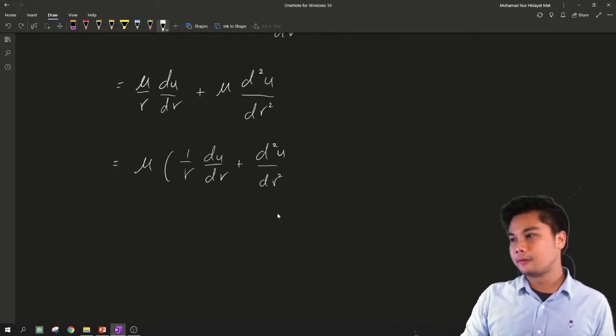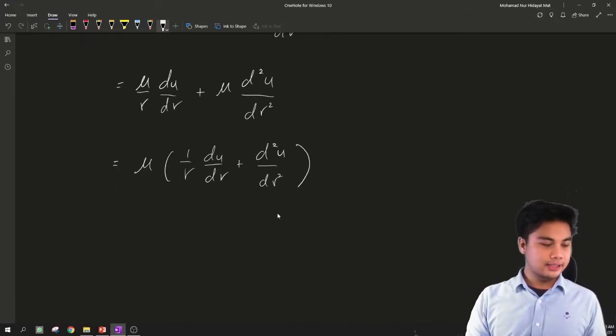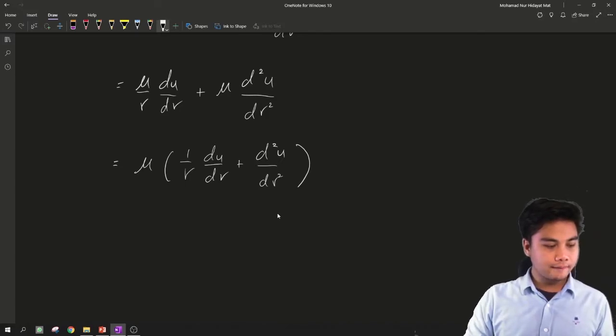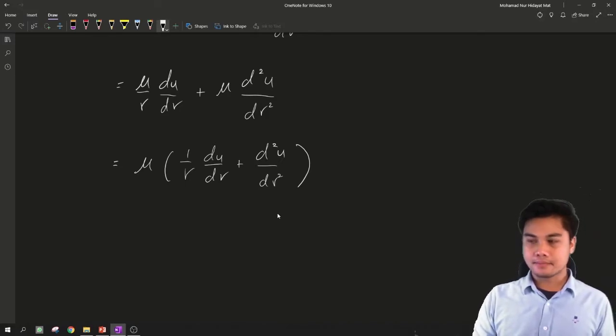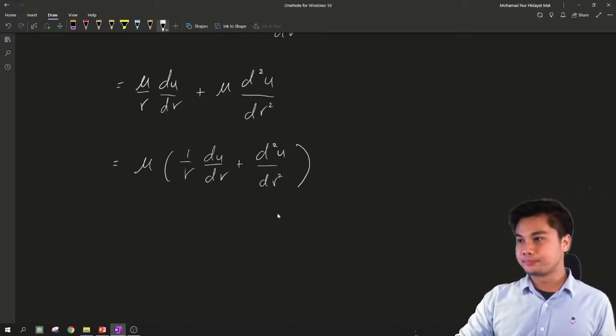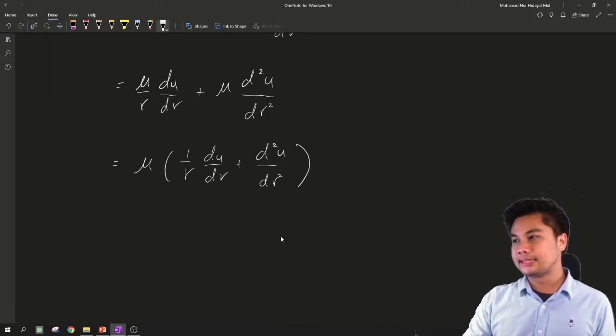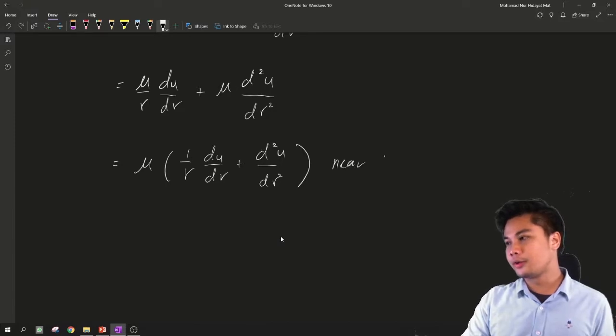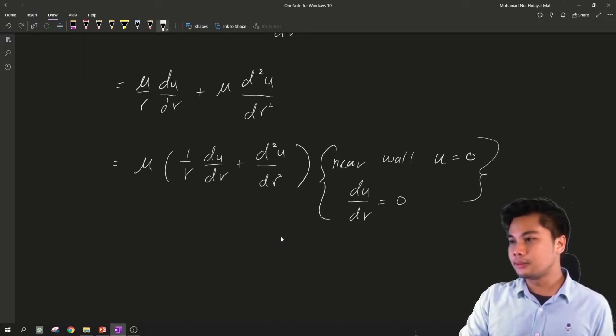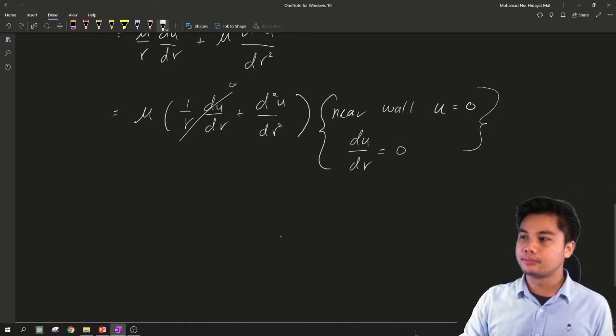For this part, after you have factorized mu, since we know that near the wall u is equal to 0, so the change du over dr equal to 0. So this term we can cancel out.